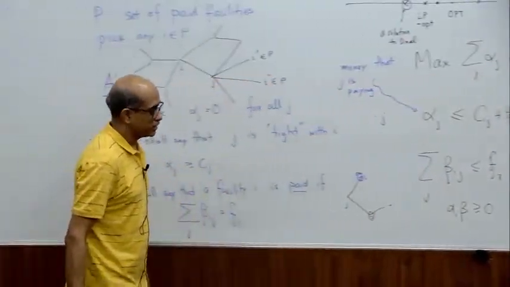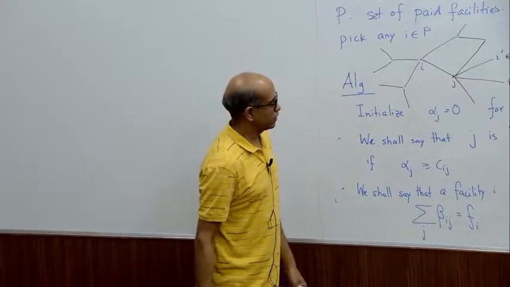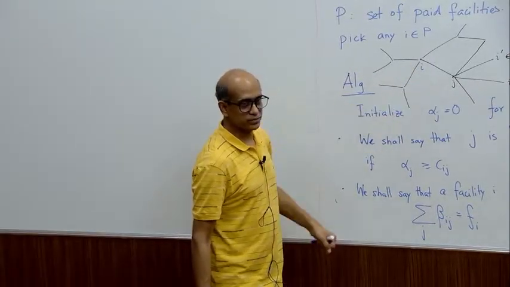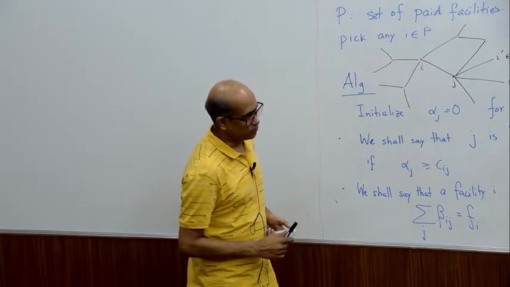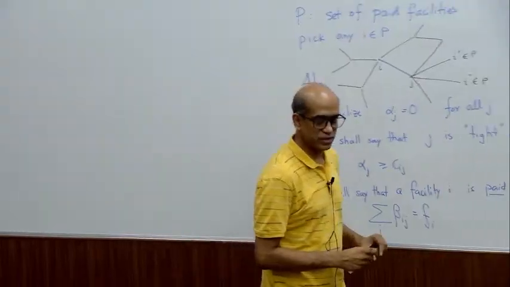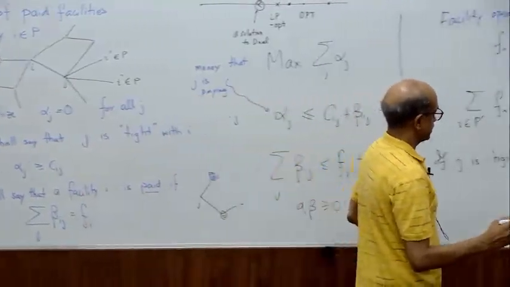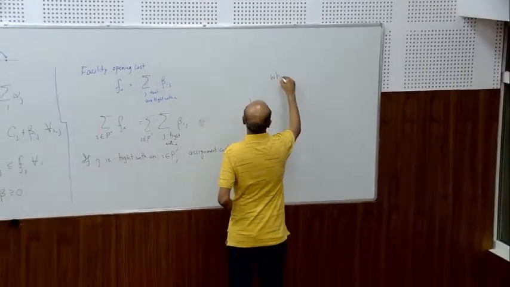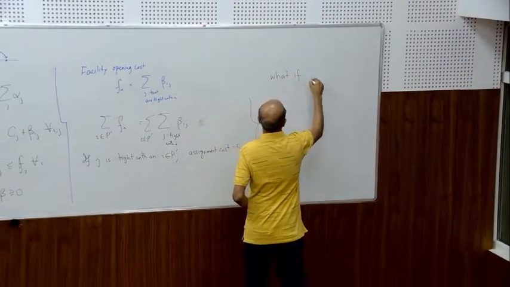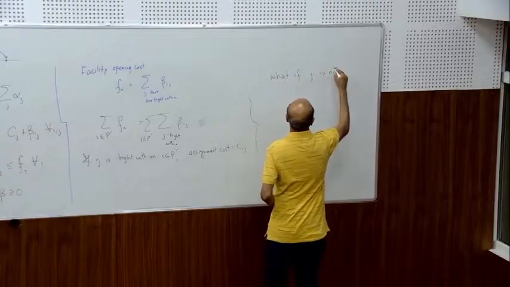What if you are not tied with an open facility? How much will I pay? I would claim that this is where it will get interesting. So what if j is not tied with an open facility?